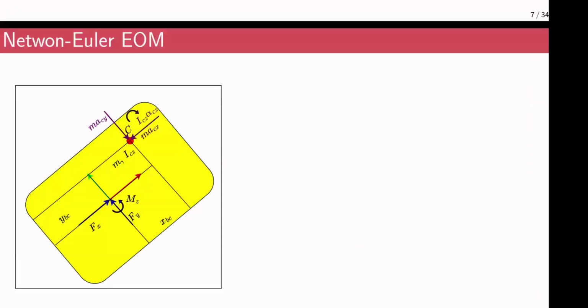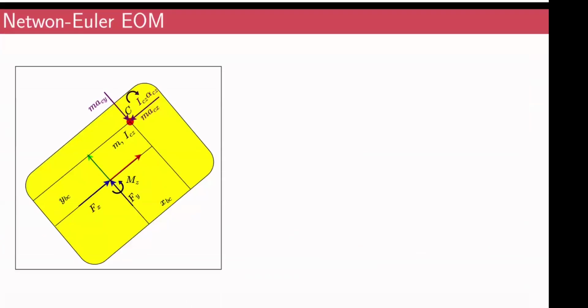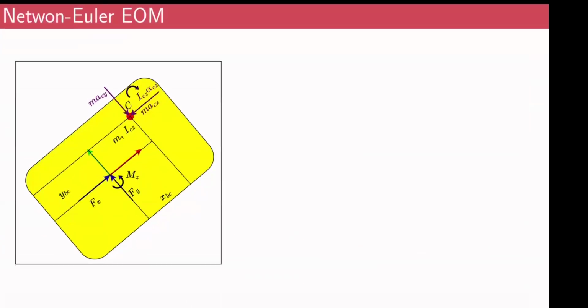Another approach is deriving the same equations of motion using the principles of impulse and momentum. This is basically what we call the Newton-Euler method. It's much more involved, much more comprehensive than the Euler-Lagrange approach.